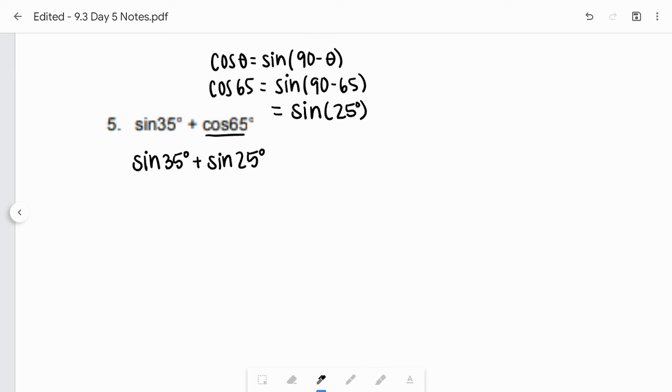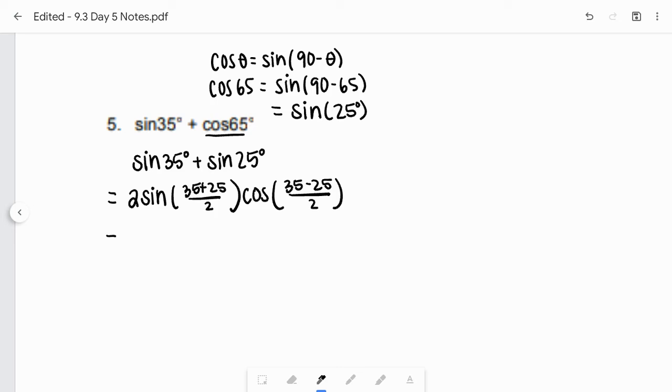So I can rewrite this as a product being 2 sine of (35 plus 25) divided by 2 times cosine of (35 minus 25) divided by 2.